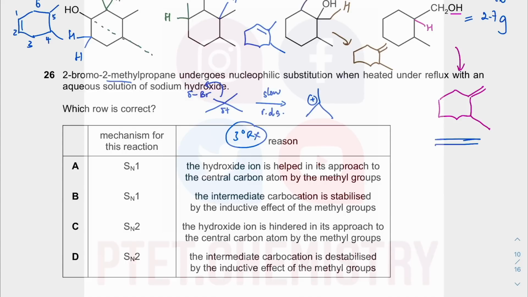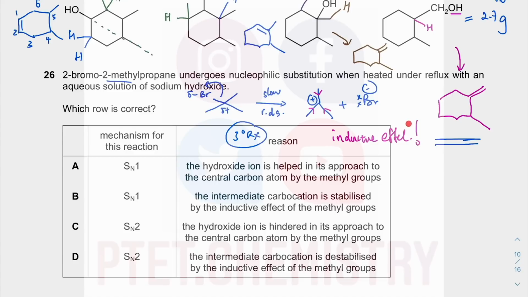You will get a tertiary carbocation. This is stabilized by the inductive effect. Inductive effect has been covered in the AS syllabus. You can check my topical playlist on electrophilic addition that is under hydrocarbon.